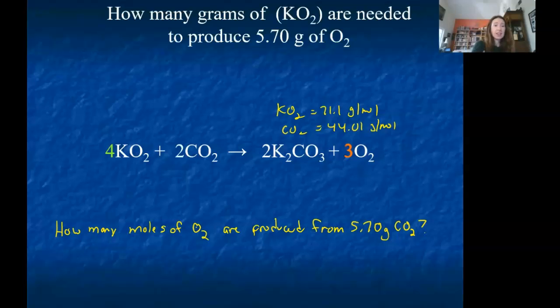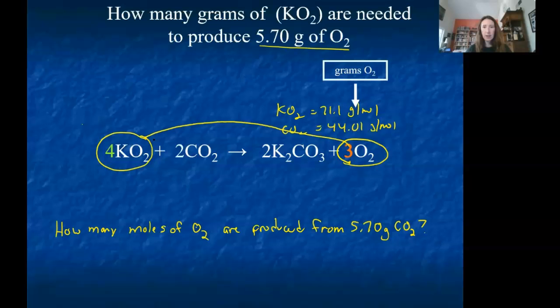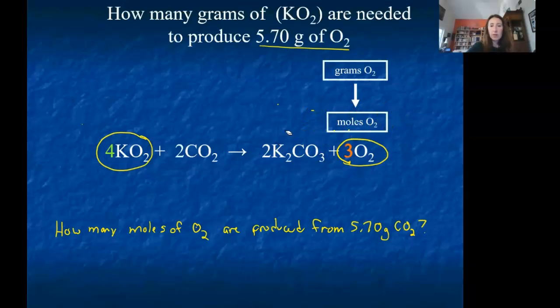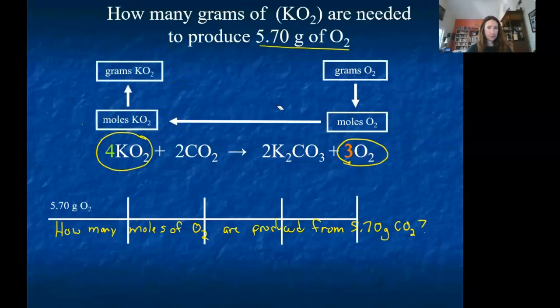We just started. So if we start with our grams of O2, then we're going to start at O2, and this time we're going to go to KO2. So we're going to need to figure out the relationship from O2 to KO2. So I'm going to erase our molar masses. If we have moles of O2, that means this is our time to go to KO2, and then we go to grams of KO2.